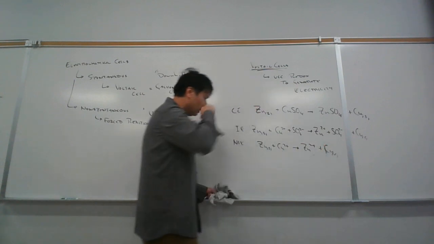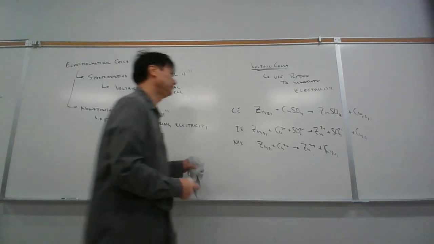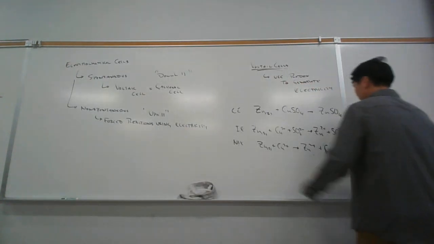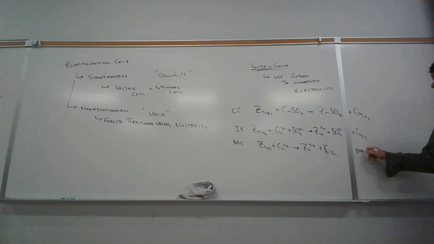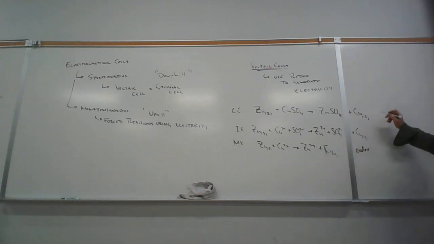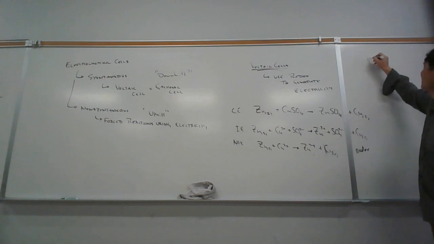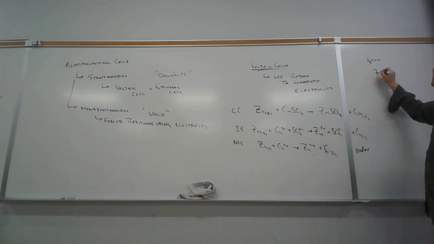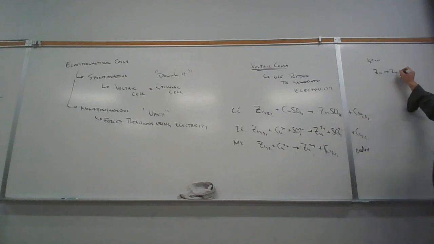Okay. So what happens here? This is what we call the redox. And what we can do is we can divide this redox into half reactions. So one half reaction here is going to be zinc goes to Zn2 plus plus 2 electrons.